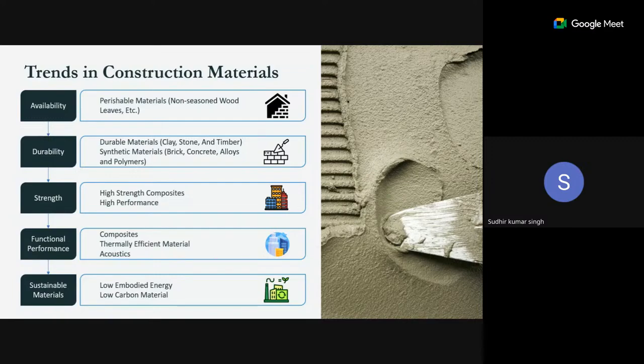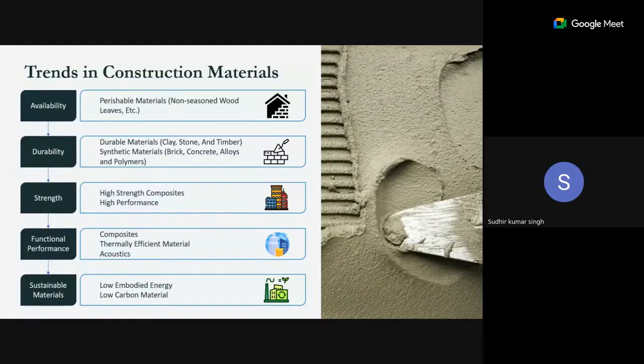We wanted the composite which gives us durability, which gives us high strength, which gives us high performance. At the same time, it gives us a good function. Good function means it can help reducing the operational energy in the building envelope or say in infrastructure.